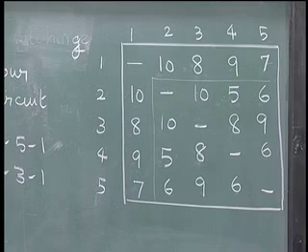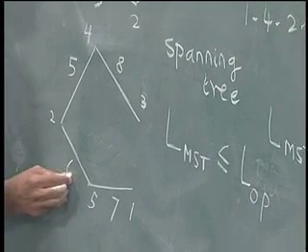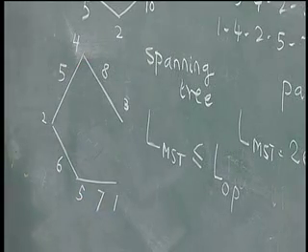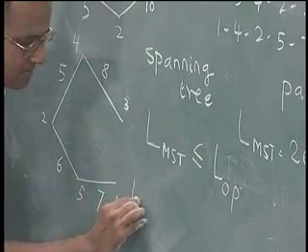So we got 5 here, 3 to 4 was 8, 1 to 5 was 7, 2 to 5 was 6, 7 plus 6 13 plus 5 18 plus 8 26. Now this is the LMST.